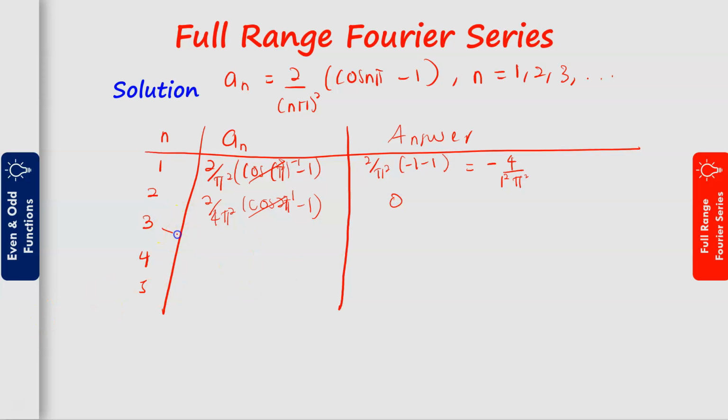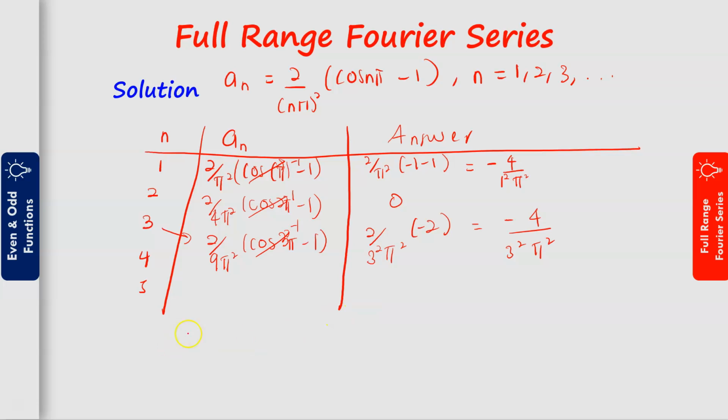And then when n equal to 3, we have 2 over 3 to the power of 2, so 9 pi square (cos 3 pi minus 1). In this case, cos 3 pi is equal to negative 1. So I have here 2 over, I can write this 9 as 3 to the power of 2, pi square, which is multiplied by negative 2. So negative 4 over 3 square pi square.